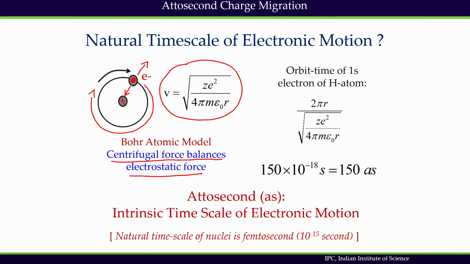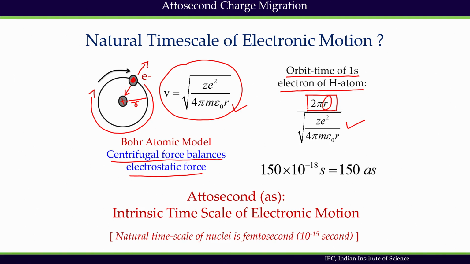So this velocity can be calculated very easily from this equation, and once we know the velocity, we know the radius of this circle, that is the Bohr atomic radius, and because we know the radius, we will be able to find out the total path it covers, that is 2 pi r. So I know the distance it travels, I know the velocity it has, so I will be able to get the orbit time of the 1s electron if we consider the hydrogen atom.